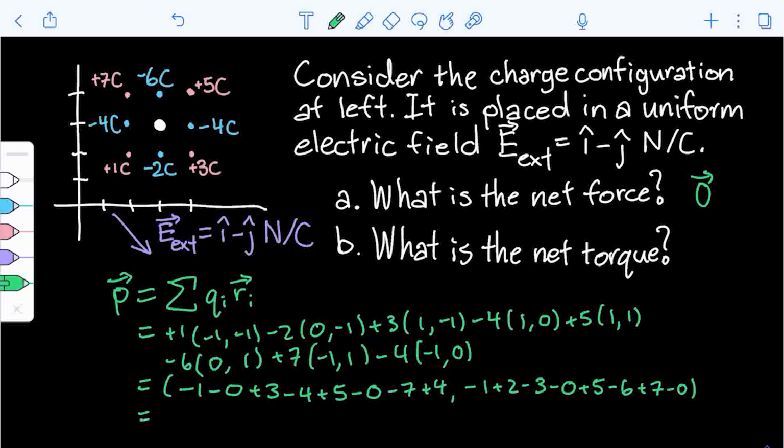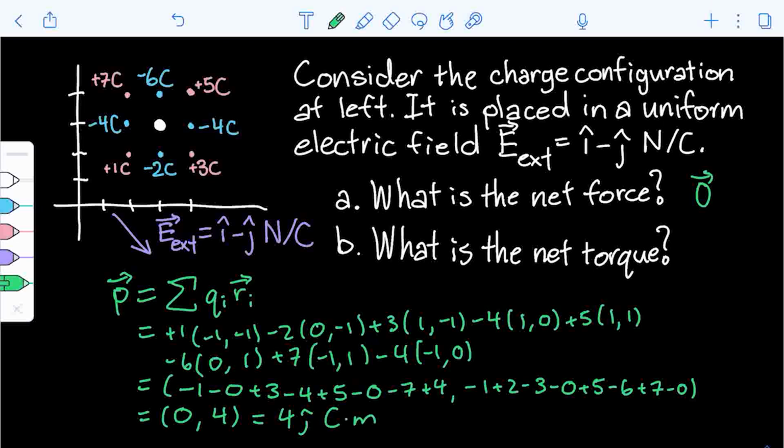So if we actually evaluate this, we get that the first one ends up being 0, and the second one ends up being 4. So what we get is that P is equal to 4J coulombs times meters. Okay, cool.